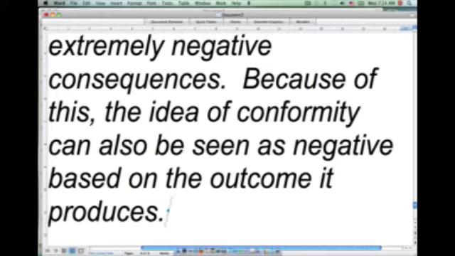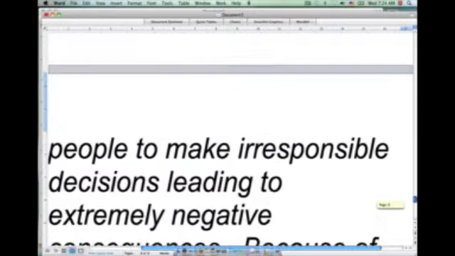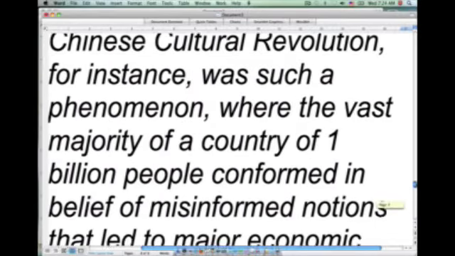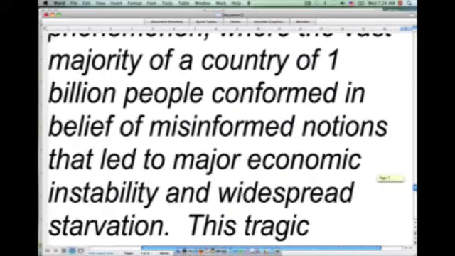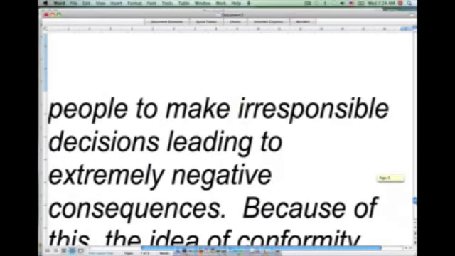So the idea that conformity is a negative thing is being compared with the idea we presented before, which is that conformity can be a positive thing or lead to certain positive results. And the other word that we used, at the very beginning, was however, another keyword that lets us know that we are indeed contrasting this idea to the one that came before it.